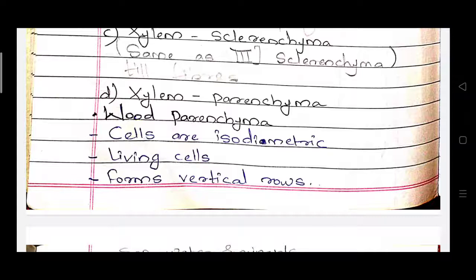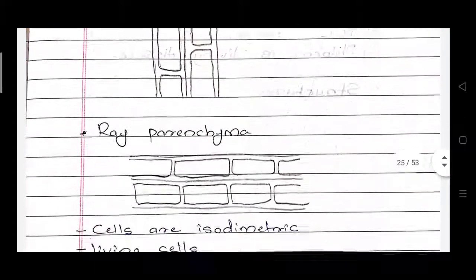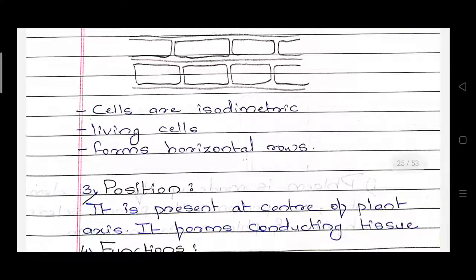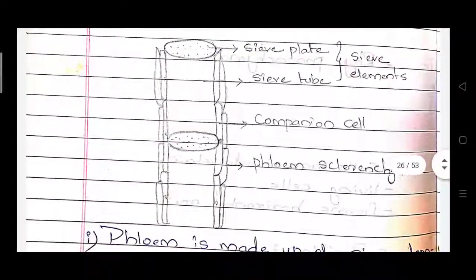Both wood and ray parenchyma are isodiametric and living cells. But the major difference between them is that wood parenchyma are arranged in vertical rows, and the ray parenchyma are arranged in horizontal rows. So the same information you can write in the case of phloem parenchyma.